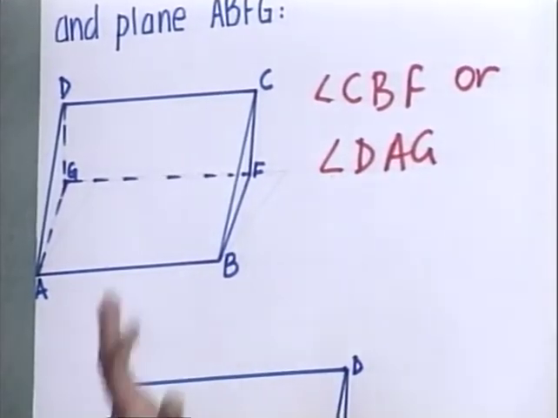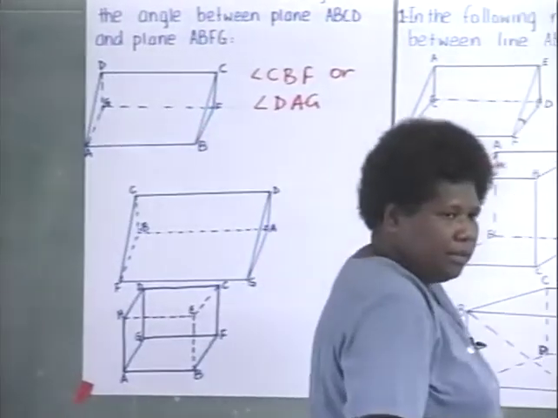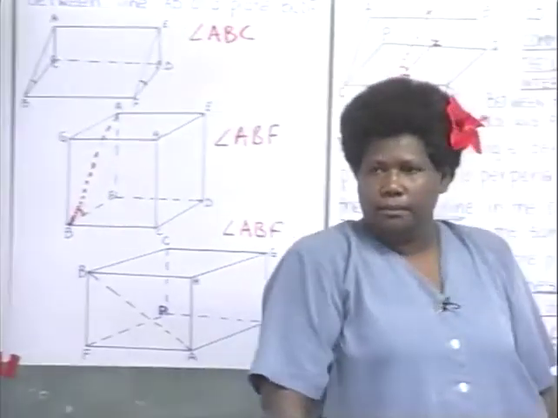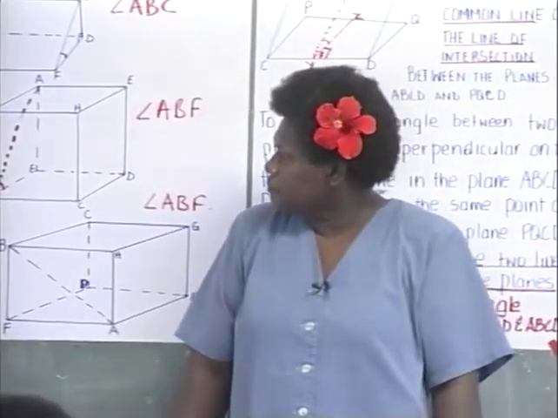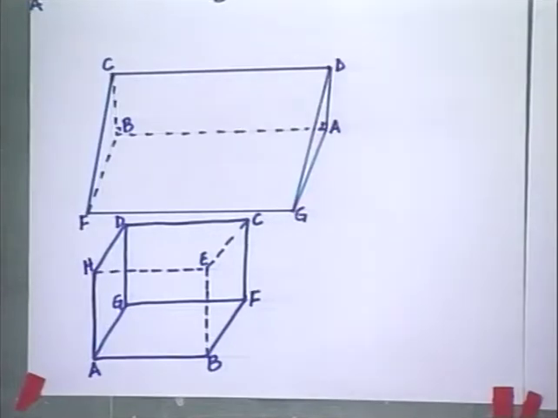Okay, now that we've done the first one, let's see if you've got the second one correct. Maybe there is more than one angle. Name the angle between the planes ABFG and ABCD. Raylene, what do you think?